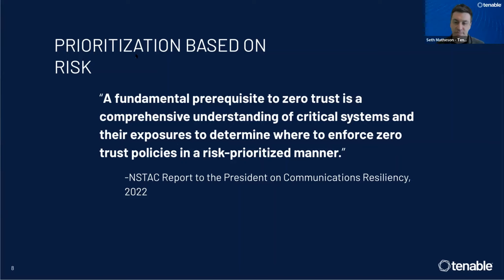Thank you, Garrett. So with all of this information and information from all of your other tool sets as well, really, in order to do zero trust properly, you have to prioritize all the data. And you have to understand what in your environment is critical.